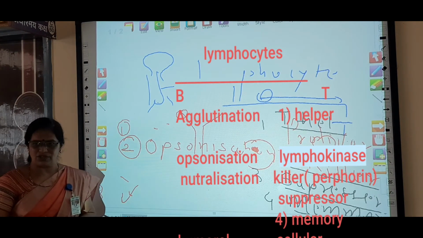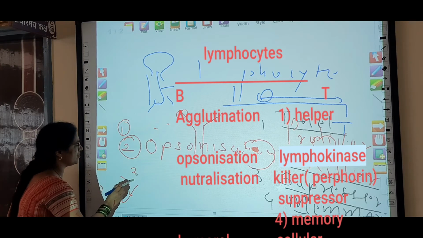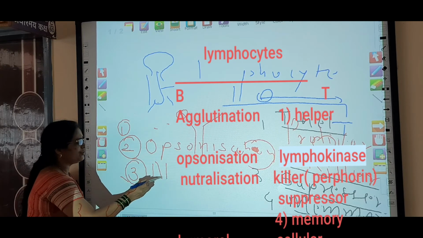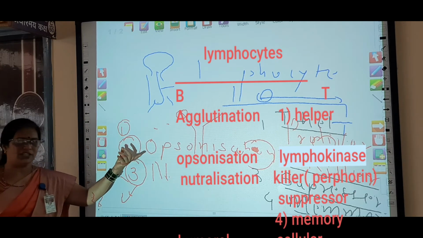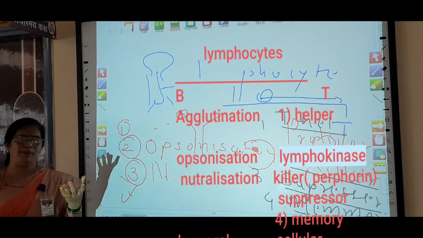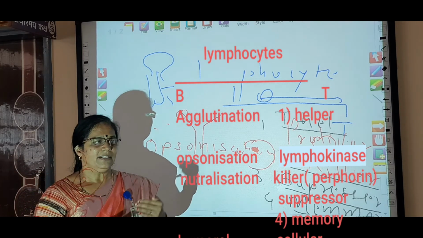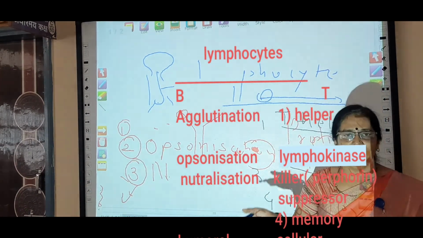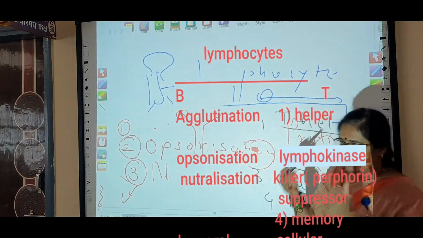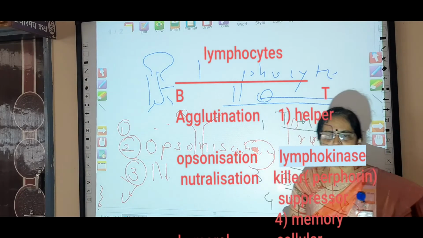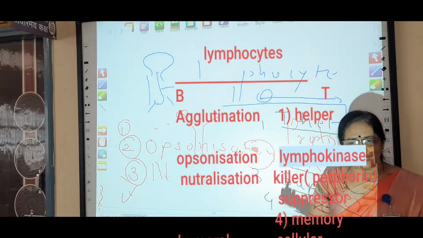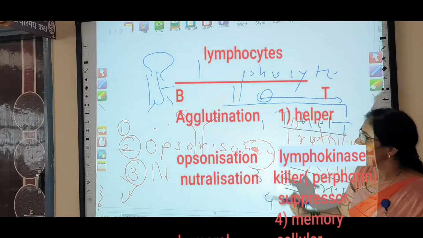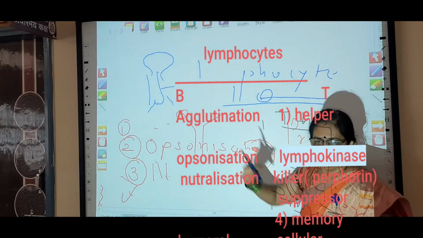The third step is neutralization. Neutralization means that during the fight between pathogen and antibodies, some toxic materials are produced by the bacteria, the antigens and the antibodies. These toxic materials may be harmful to our body, so they have to be neutralized, and this neutralization takes place by the B lymphocyte.